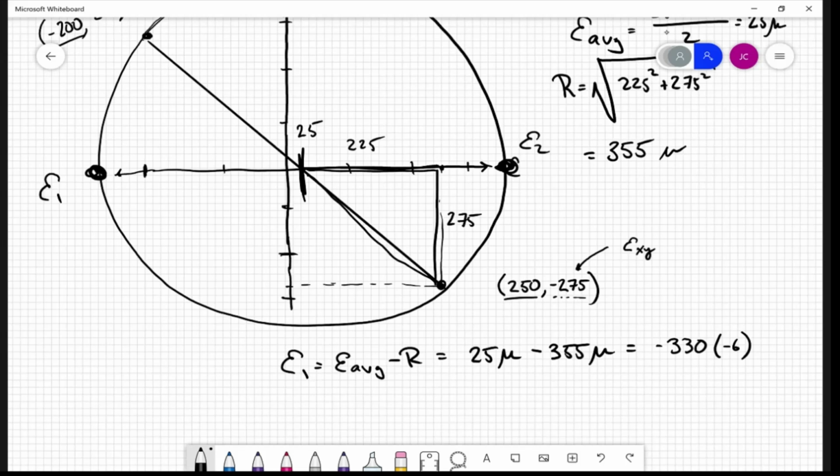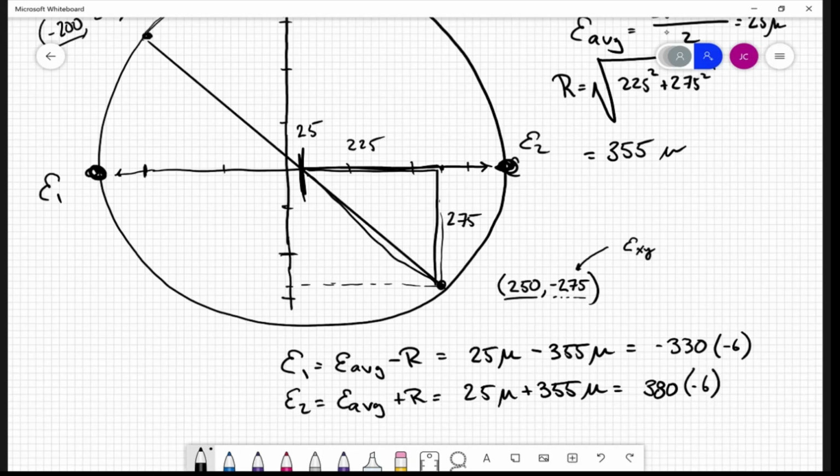And then the second principal strain is going to be the center of the circle, the average strain, plus the radius, right? And so that's 25 plus 355. And that gives me 380 microstrains. And so those are the answers.